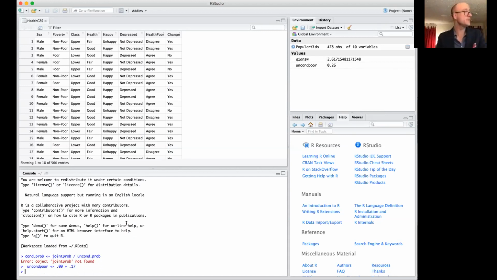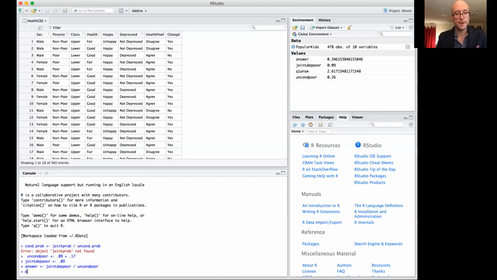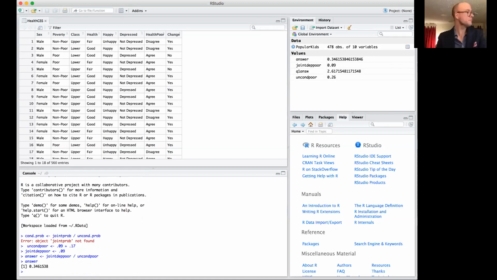Then you take the joint probability of being depressed and poor, and assign that to 0.09. Then you define the answer: the conditional probability is the joint probability divided by the unconditional probability of all poor people in the sample. Answer, you print it here, 0.346.